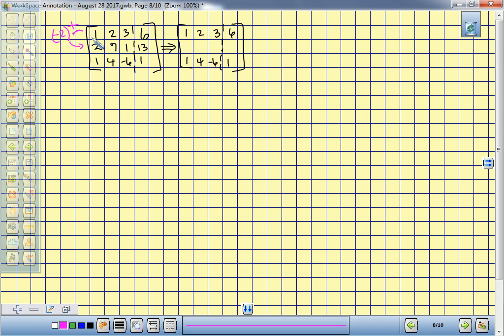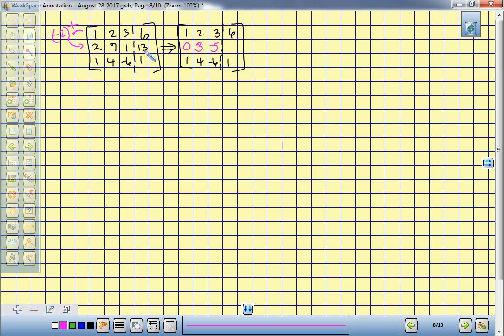This is what we want: our x, our y, and our z. So we're going to combine this idea with what we have here. What we want is for this to turn into this, because wouldn't that give us our x, our y, and our z?